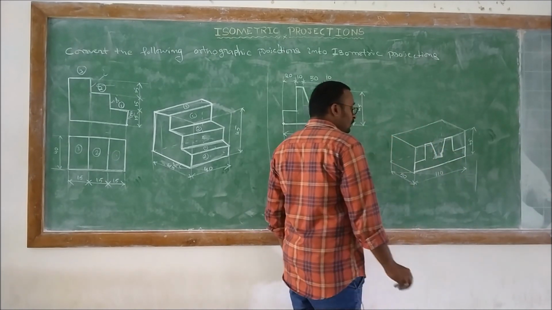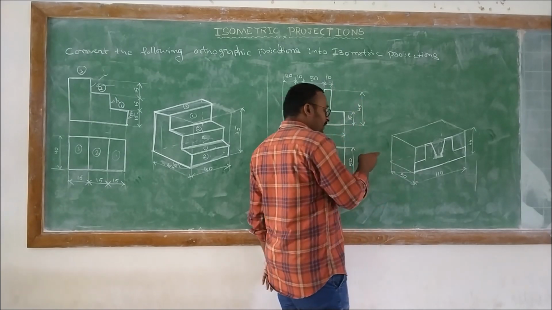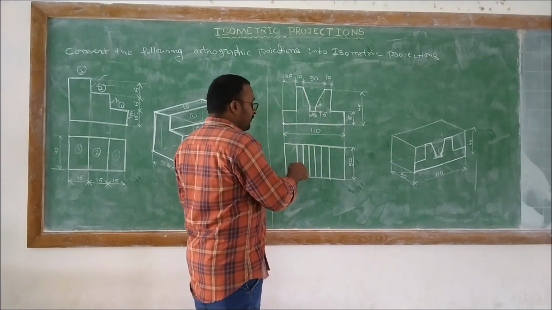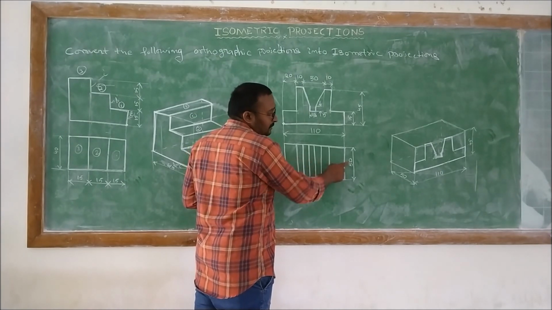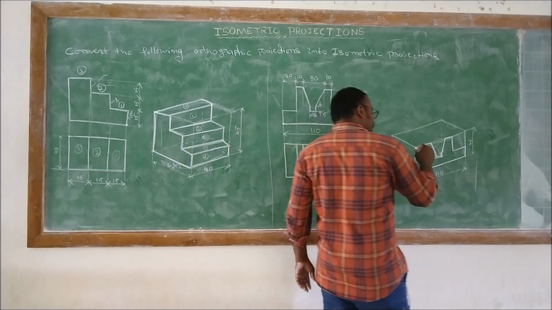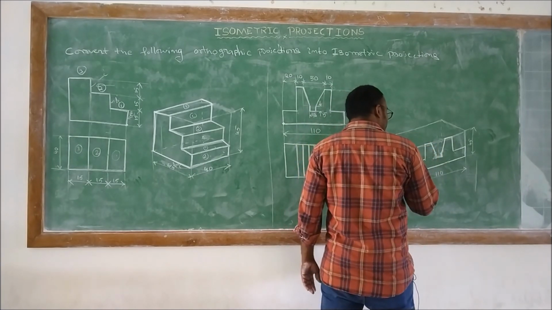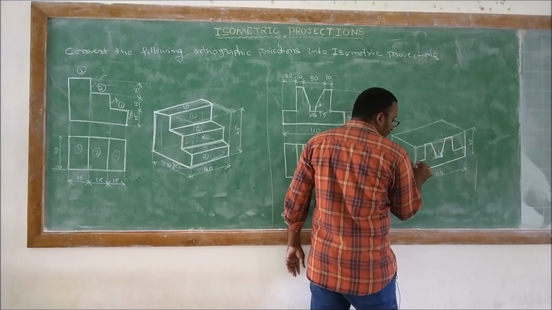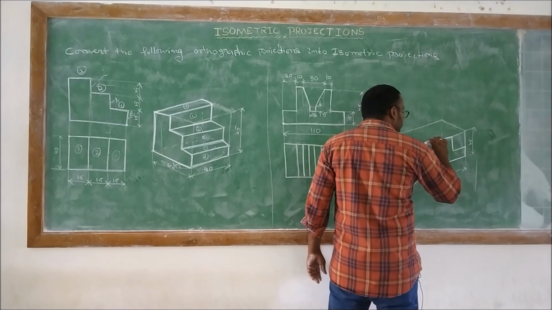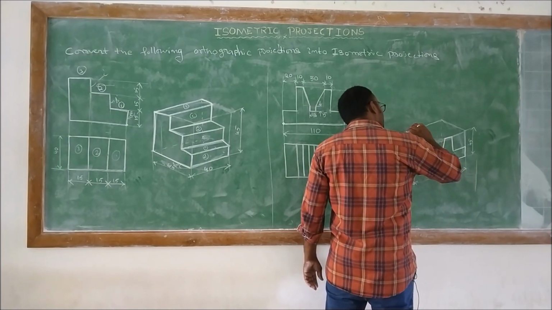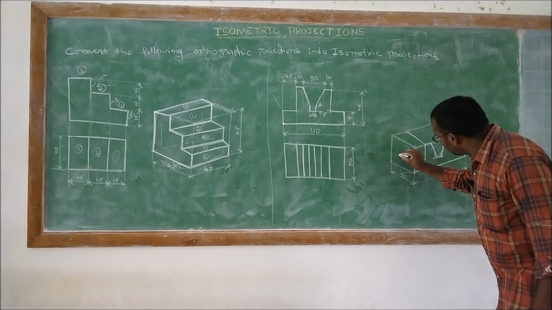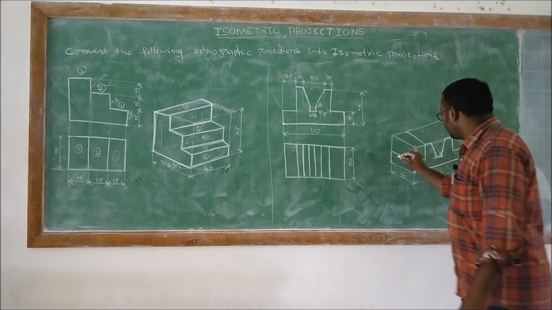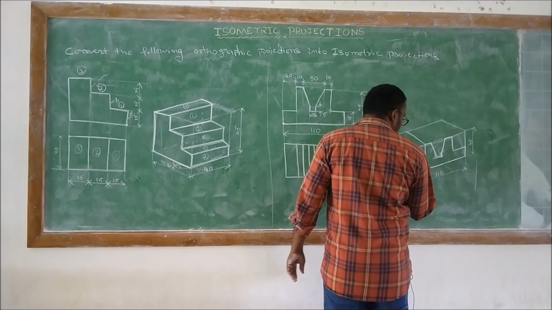Right. So now we need to draw the side view as well as the top view. Whenever we see from the top view, 1, 2, 3 and these two surfaces are going to be visible. So on top view, this is the first line, right?